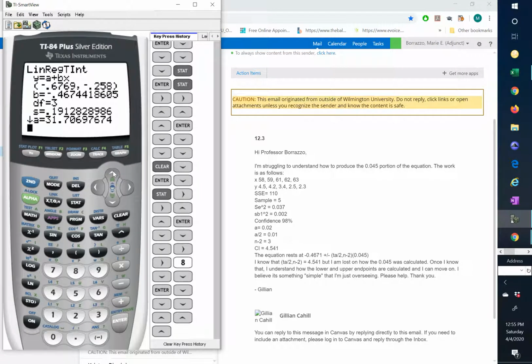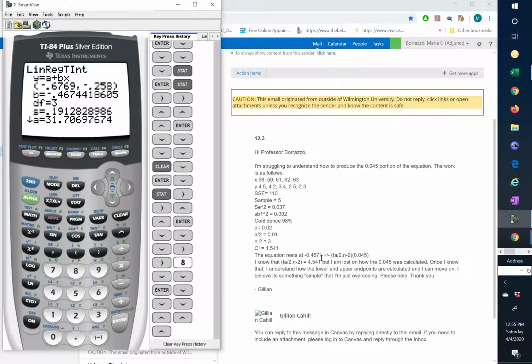So the 0.045, let's experiment with what happens here. If I were to take, let's see, that looks like the margin of error is what I'm thinking about here. That's what I'm suspecting, because this would have to be the margin of error. I'm looking at the negative 0.4671.